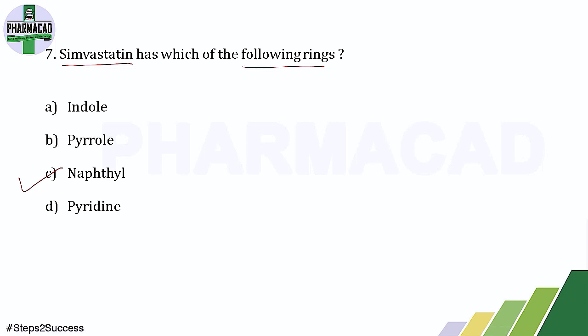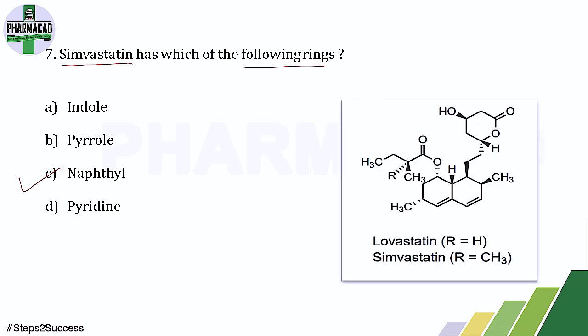This is the structure for simvastatin and lovastatin, both covered in one structure. In the R group we have H for lovastatin, and for simvastatin we have a methyl group, and this is the naphthyl ring in the structure. So simvastatin has option C, the naphthyl ring.